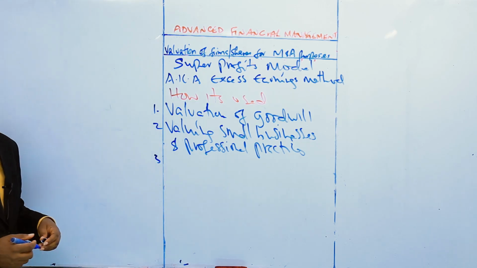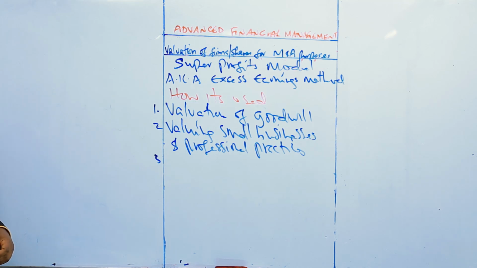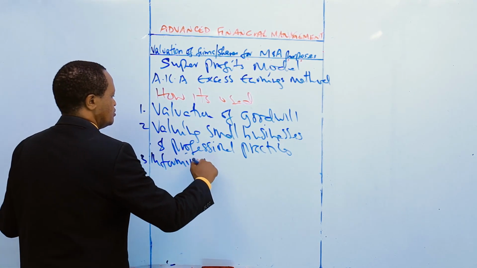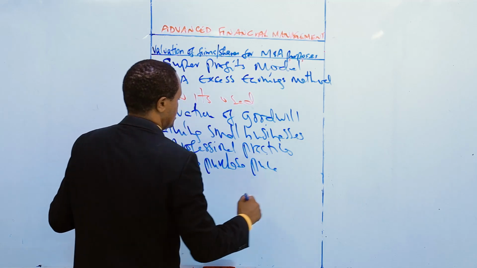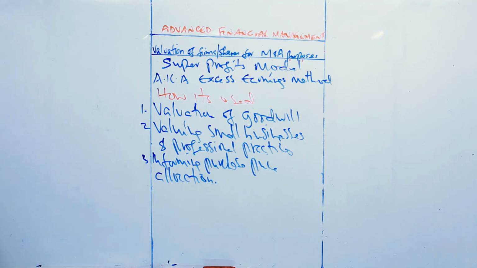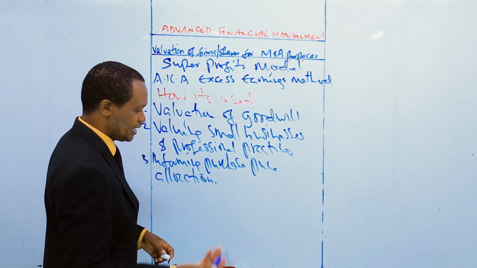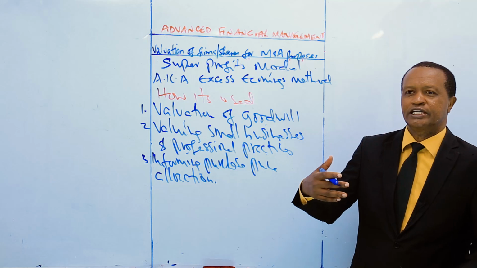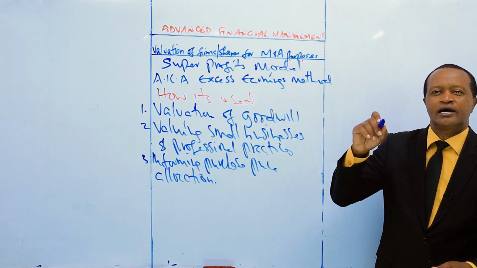The third application or use is informing purchase price allocation. Now, after a merger deal or an acquisition deal, the purchase price must be allocated to the acquired assets and liabilities for accounting purposes. After company A acquires company B, the purchase price must be allocated.